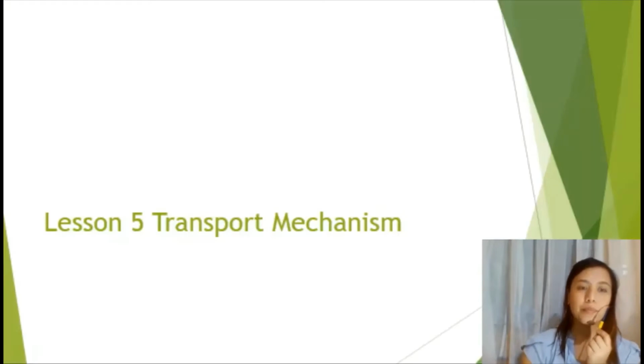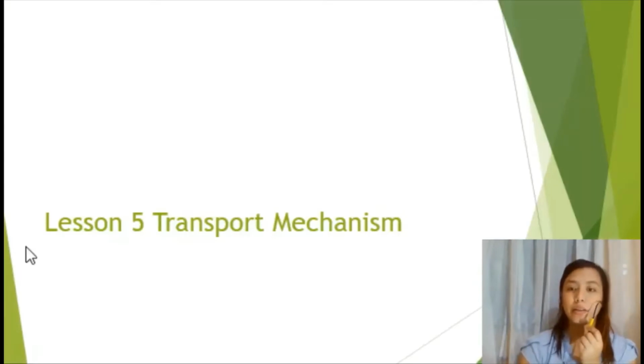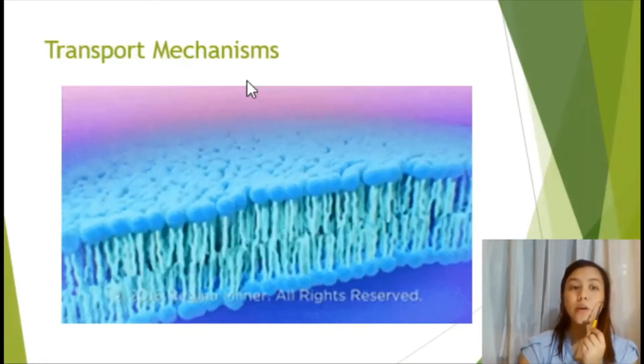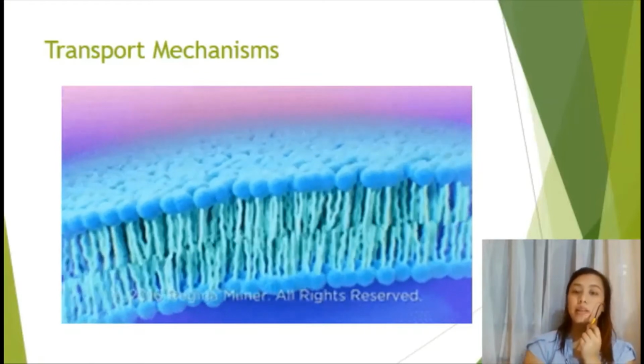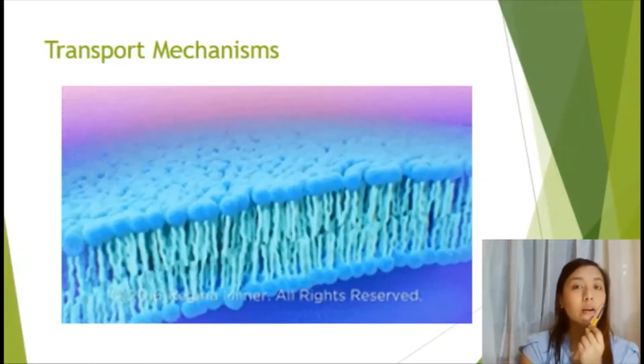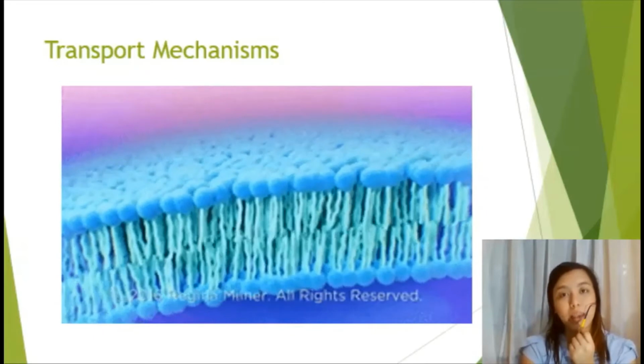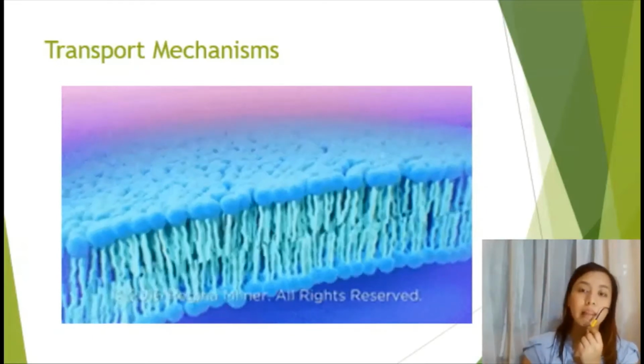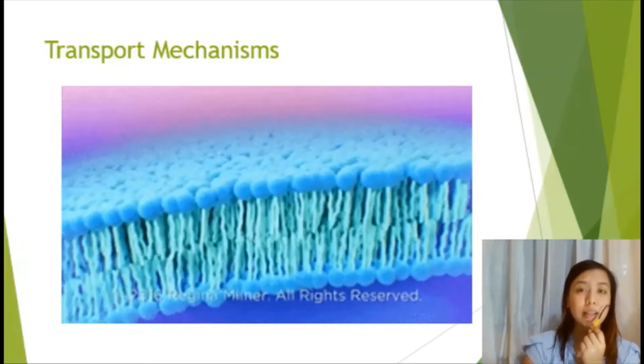So usually your cells do have the receptors, as we've discussed earlier. In here, your cells have what we call the cell membrane, and usually it is a phospholipid bilayer. This phospholipid bilayer is actually semi-permeable, as you can see.